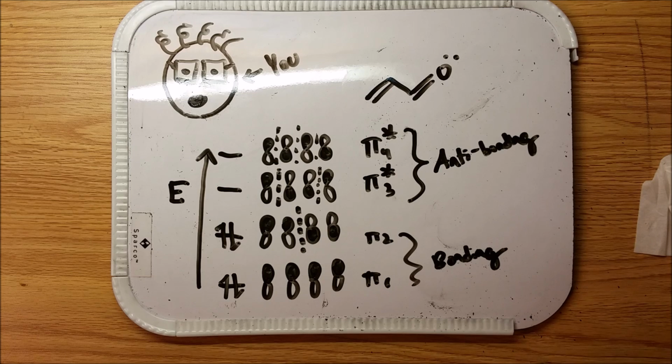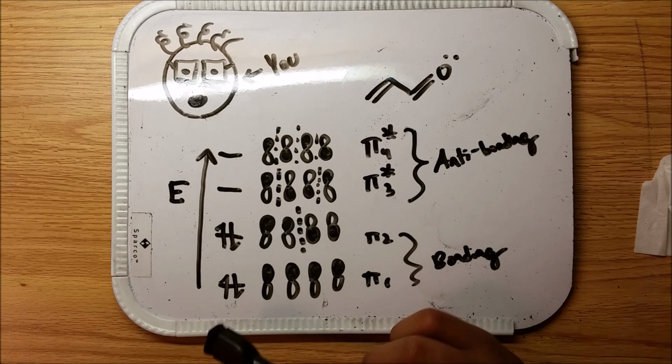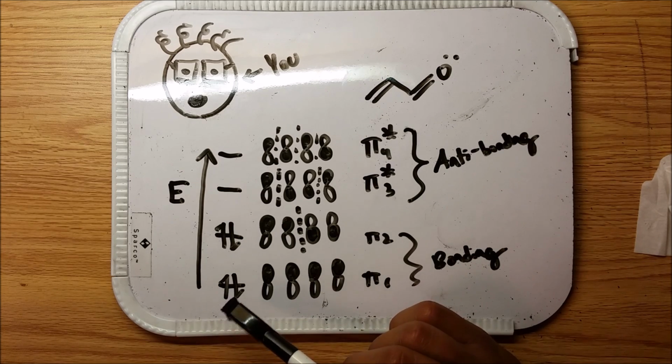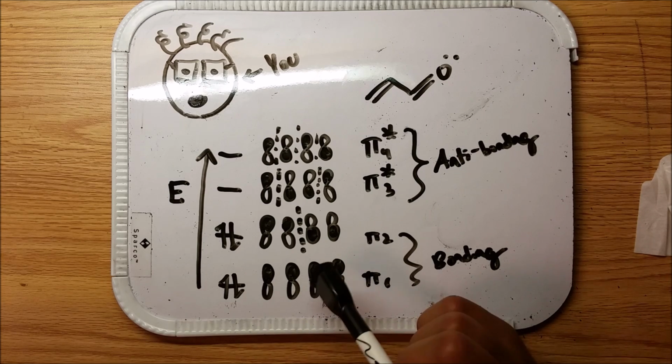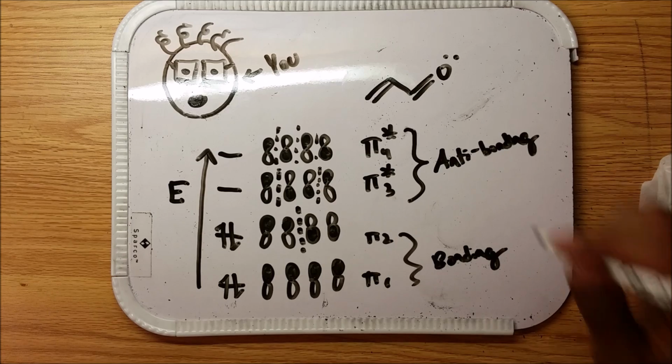Where would we place the non-bonding pair in the molecular orbital diagram? Keep in mind one more thing, that the electrons present in this molecular orbital diagram are only the pi electrons, only the p electrons that go into the pi system. The other electrons can be accounted for normally with a regular molecular orbital diagram.